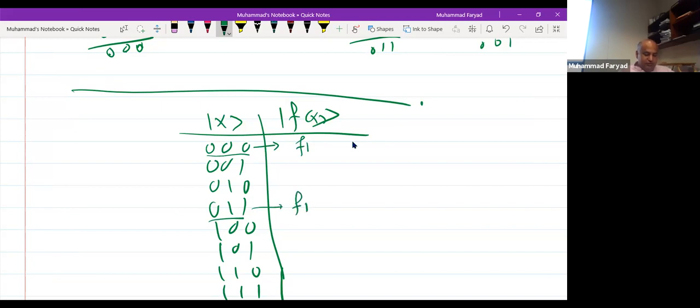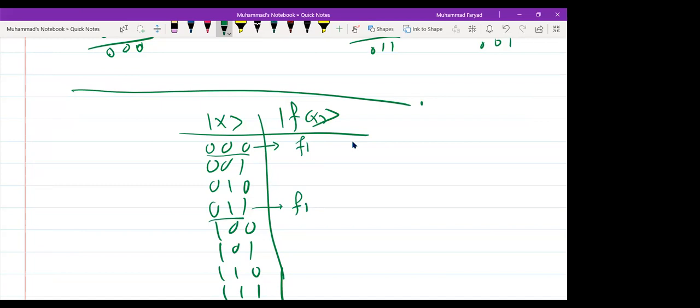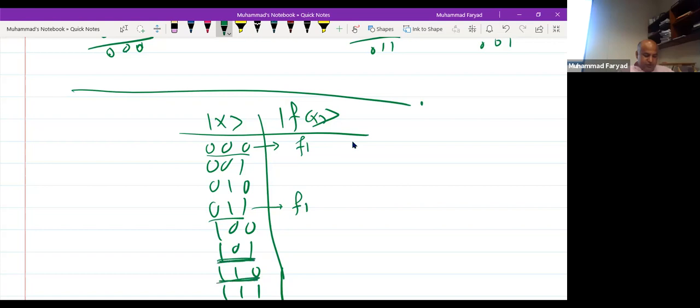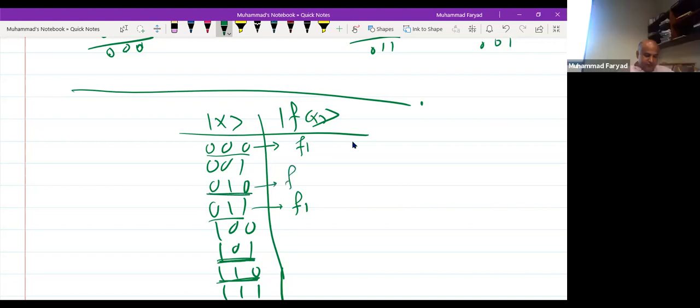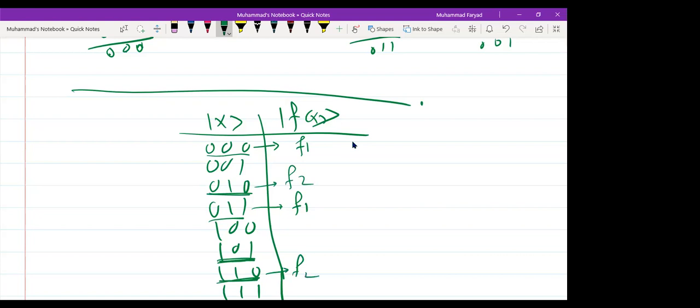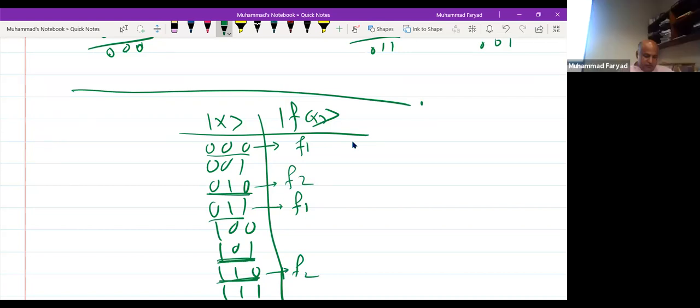What two others? 1 1 0 and 0 1 0. So this should have some F2, and this should have F2. And 1 0 1 and 1 0 0, so this and this one, F3. Good that you are not making any pattern. And only two are left, so this is some F4 and this is some F4.